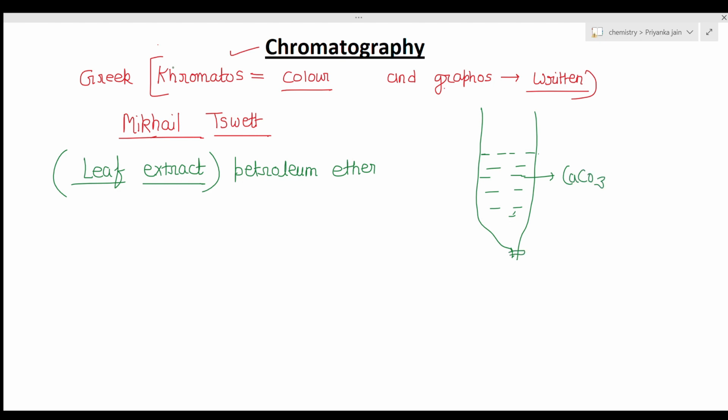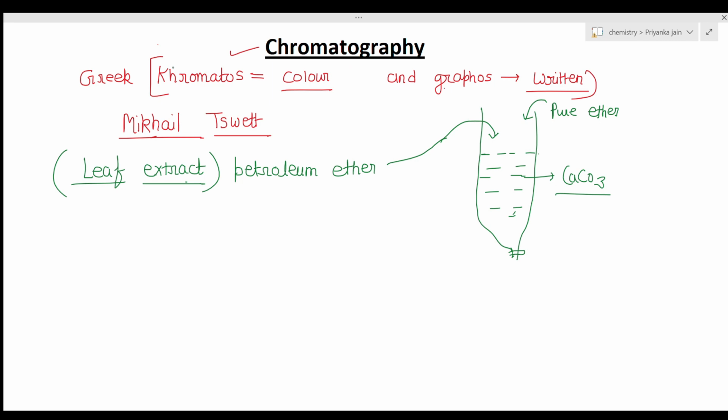He poured this leaf extract into the column, and then he passed pure ether through it.